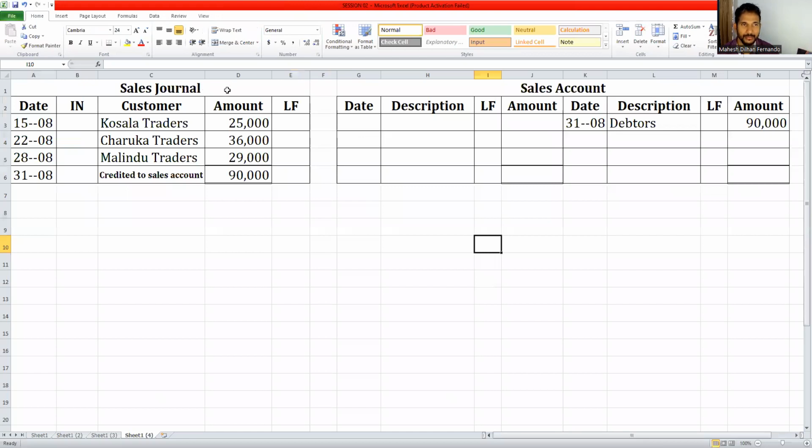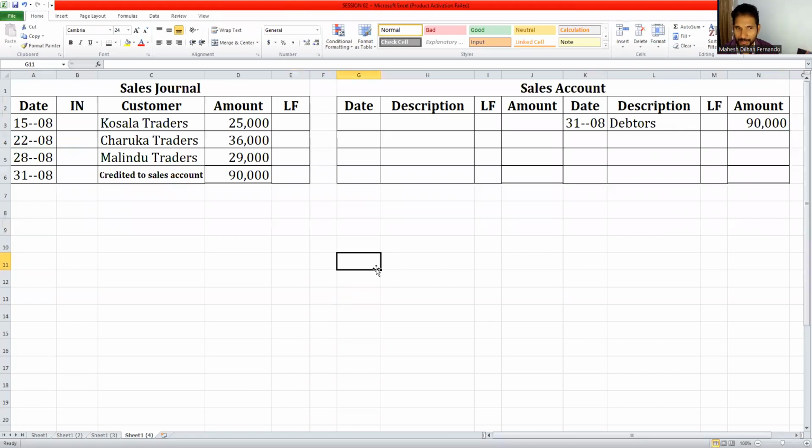Sales journal. On these days, we have to record the information in the sales journal because all these are credit sales. And on 31st of August, you have to credit that to the sales account 90,000. And the sales account is credited at 90,000 on 31st of August.